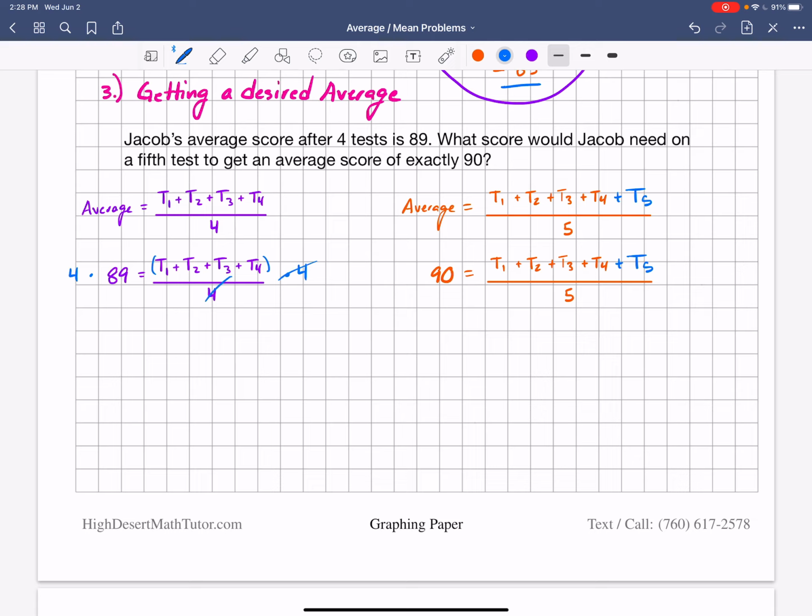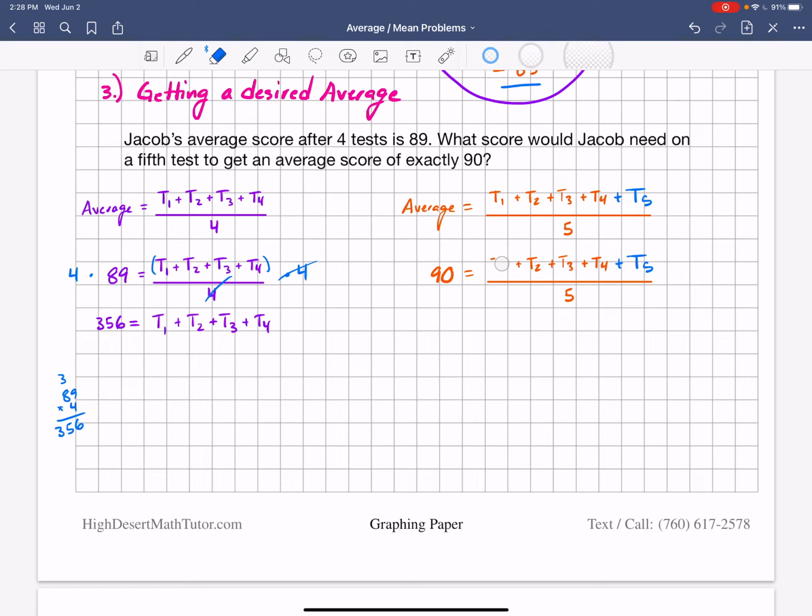So the multiplication and division cancel each other out, and we just get test 1 plus test 2 plus test 3 plus test 4. And let's see what we get when we do this multiplication. So 89 times 4. 4 times 9 is 36. 4 times 8 is 32, but we have to add 3. So 32, 33, 34, 35. So we get 356. That is what the first 4 tests add up to.